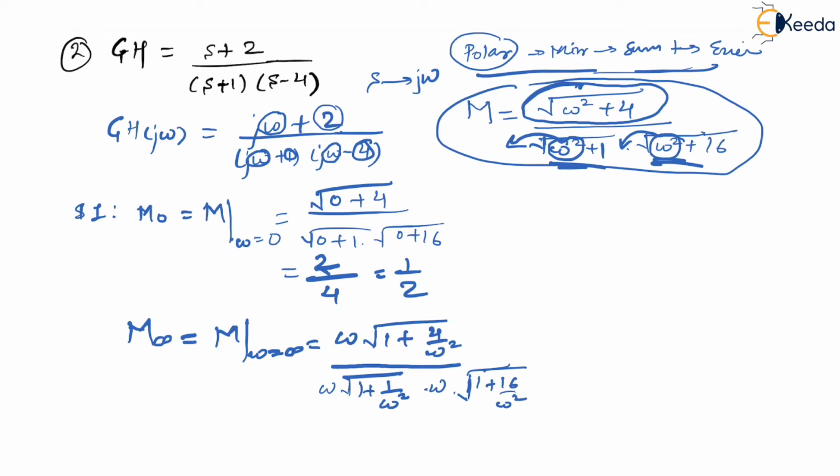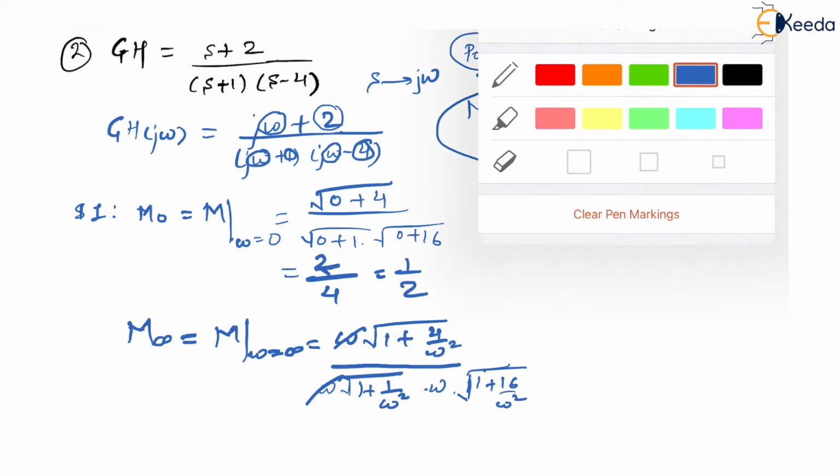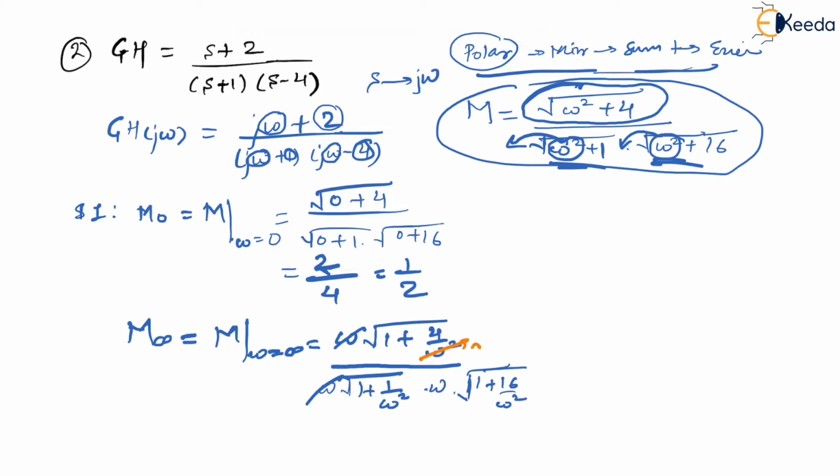Is that correct? Yes. Now if I see, omega gets cancelled. Now if I replace omega with infinity, then this becomes infinity, so this total term becomes 0, right? Similarly, here you have this infinity, and this is nothing but 1 plus 0. 1 plus 0 is equal to 1, so you get 1 by infinity, which is nothing but equal to 0, right?